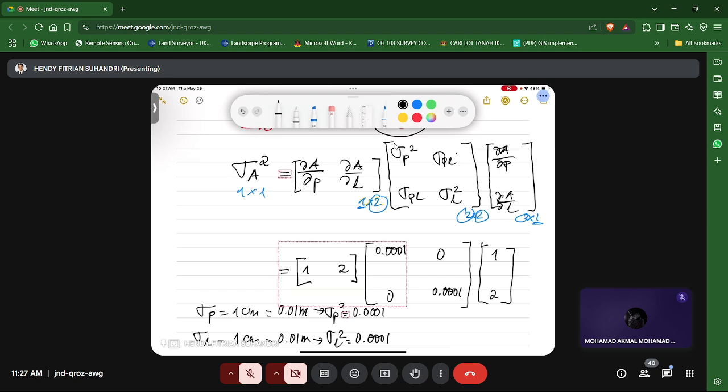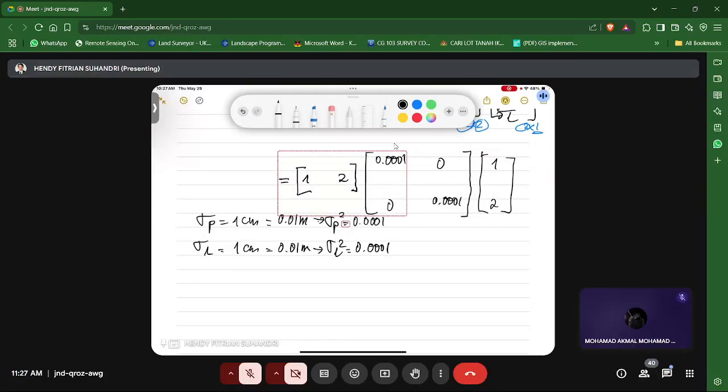So now let's multiply one by one, the first and the second. 1 times this is 0.0001, plus 0, and then the second one will be this and that, 0 plus 0.0002.